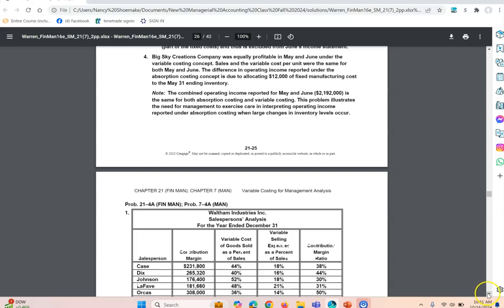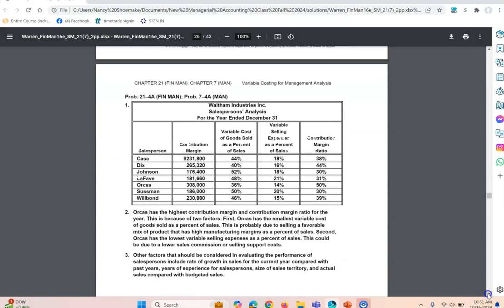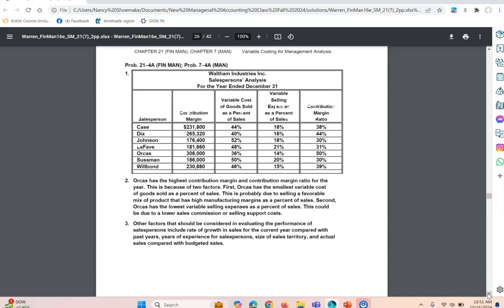So we've got the various salespeople, and we've got their contribution margin, their variable cost of goods sold as a percent of sales, the variable selling as a percent of sales, and the contribution margin ratio. So you see here, Orcus has a 50% contribution margin for the year.